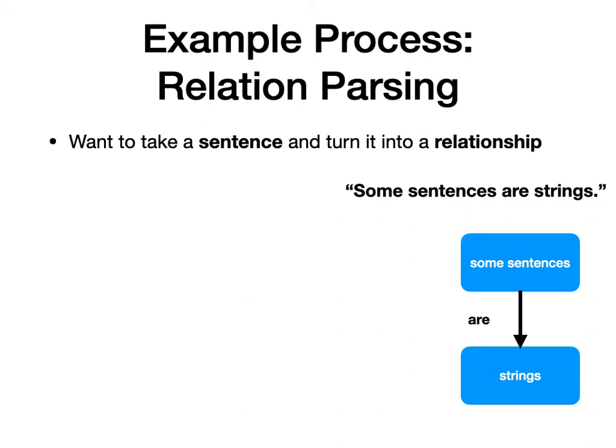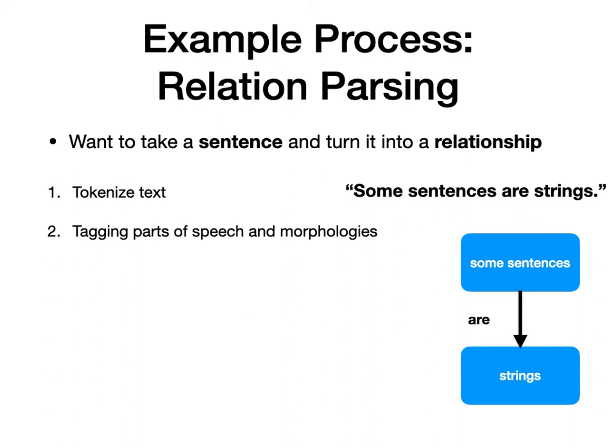So how do we do this in a computer? How do we get from point A to point B? The A being a string of text that's been fed in, to B being this relational structure. Well, we'll follow this. This is not necessarily what we will be building. This is a little more complex, but this is the idea. So I hope it can illustrate some things. So first, we would have to tokenize the text. That is, split it into meaningful tokens. Then we might tag the parts of speech and the morphologies, so some basic linguistic tagging.